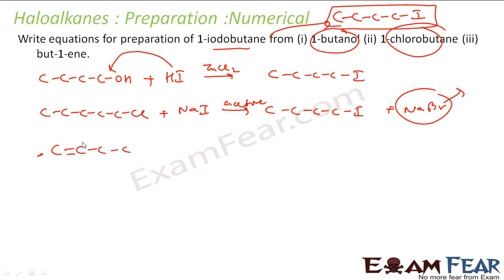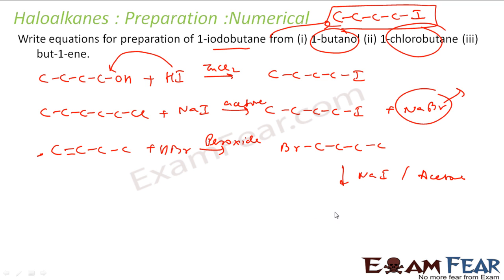I want I to be added here. So first let me react this with HBr in the presence of peroxide, the anti-Markovnikov rule. With that I'll get Br at the terminal position. Once I have Br in this position, I can use NaI in the presence of acetone, the same reaction. So what I'll get is the 1-iodobutane, and that is my answer.